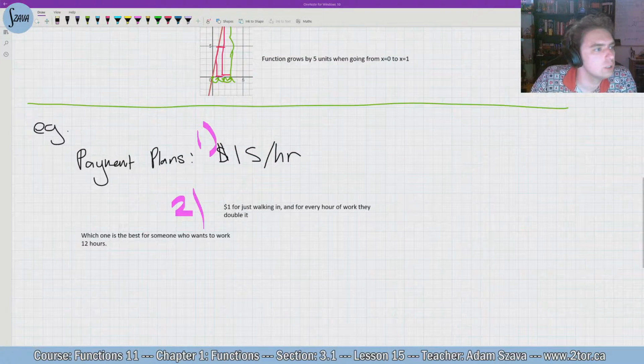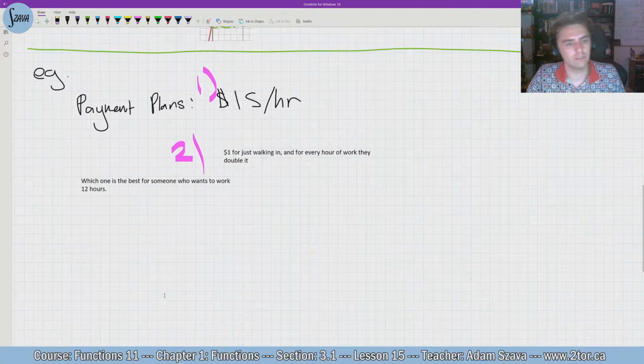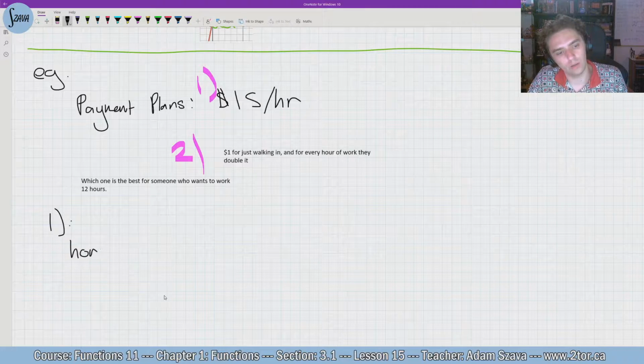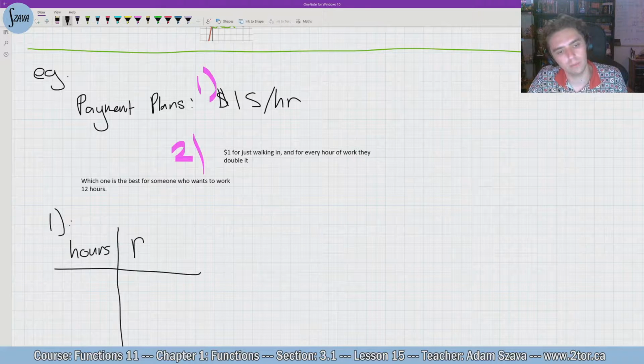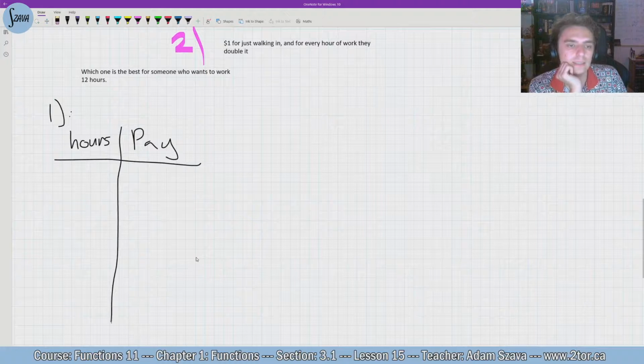To begin, let's make a table of values for each of these payment plans. For the first one, I'll call it number 1, I can make a table with one column being the number of hours worked and the other being the pay. Let's start at 0 hours.